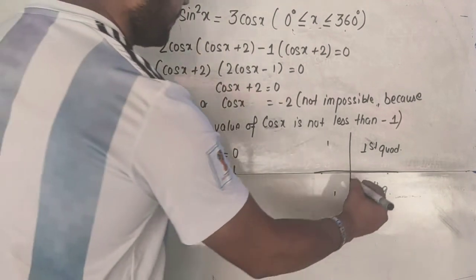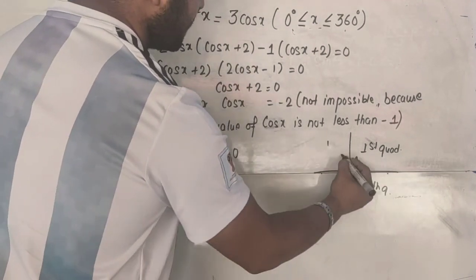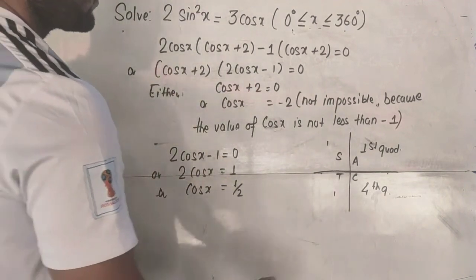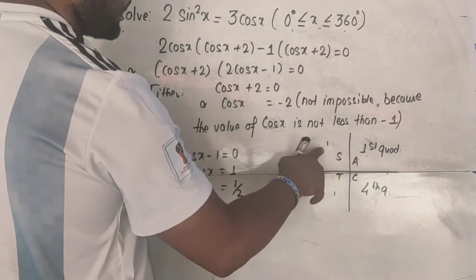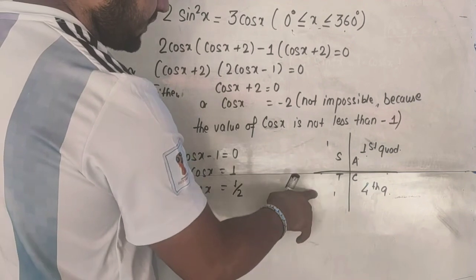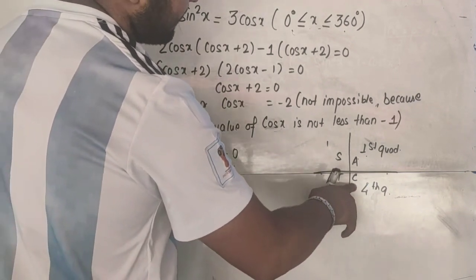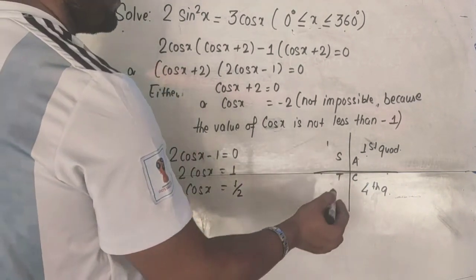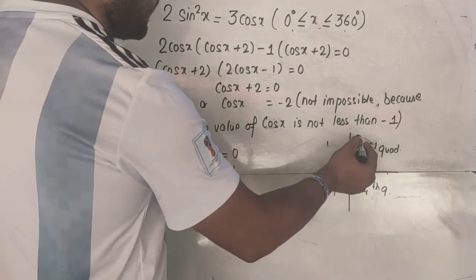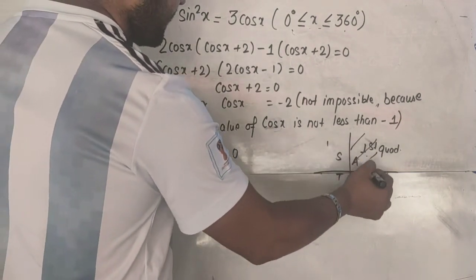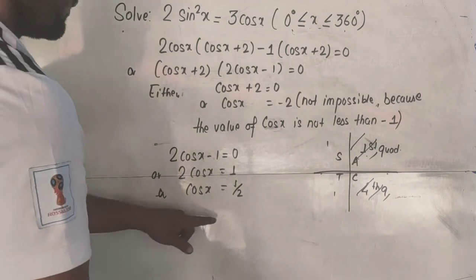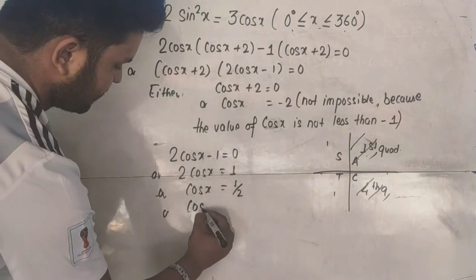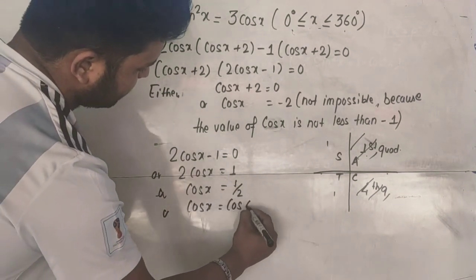We learned this rule in small classes, the cos rule. Here all values are positive. Here sin and cosec are positive. Here tan and cot are positive, and here cos and sec are positive. So the positive value of cos x lies in the first quadrant and in the fourth quadrant. So the value of x can be written as cos 60 degree.